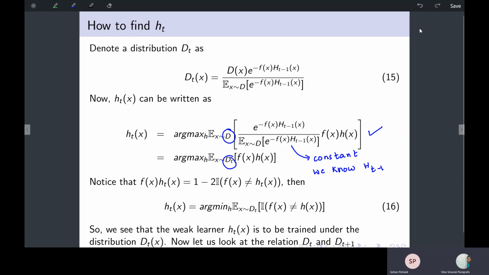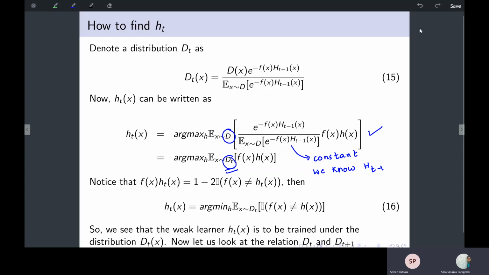So we can just ignore it, as we are just finding the maximum value of the term. So we just take argmax of f(x) h(x). The logic behind ignoring these terms is that they are just constants, and the distribution just changes from D to Dt, as we have now sampled x from the new distribution, that is Dt.